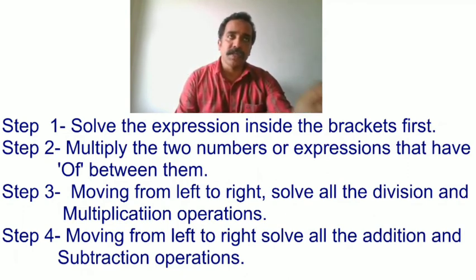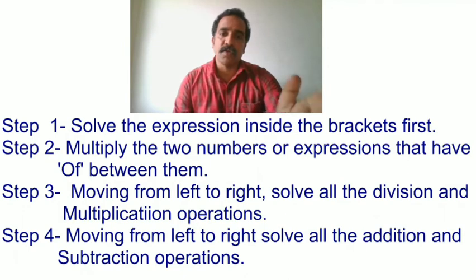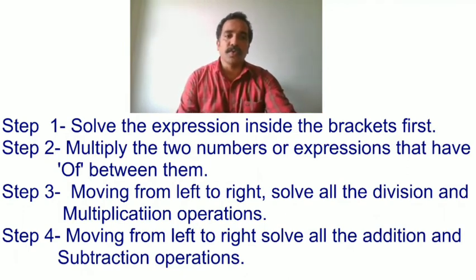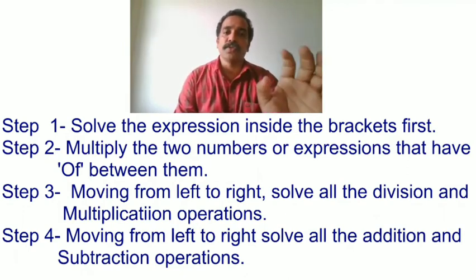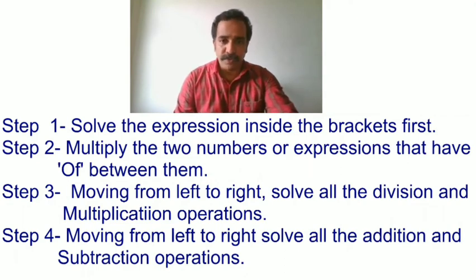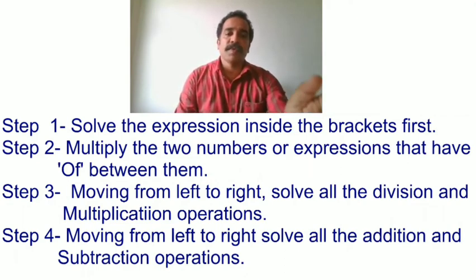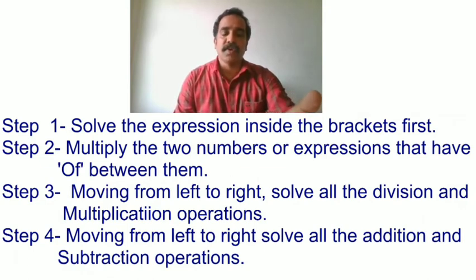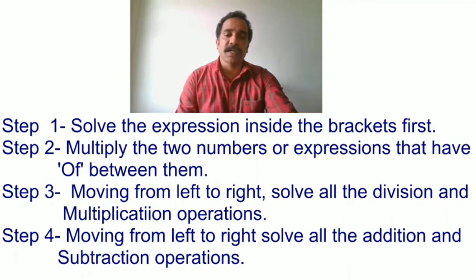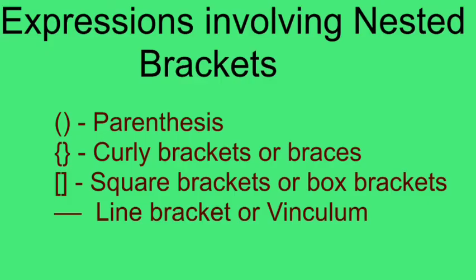For example 2 of 3, that means 2 into 3, that you have to do first. Then step 3, moving from left to right, solve all the division and multiplication operations. And then step 4, moving from left to right, solve all the addition and subtraction operations.